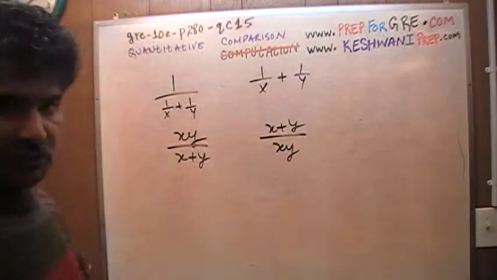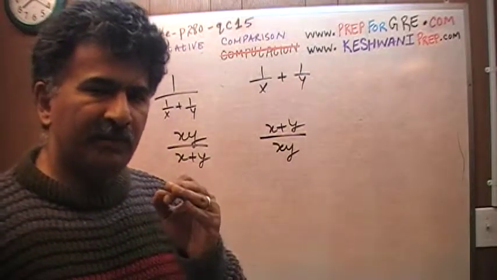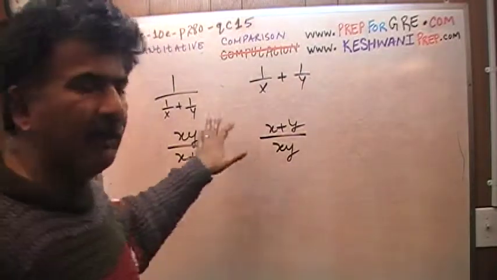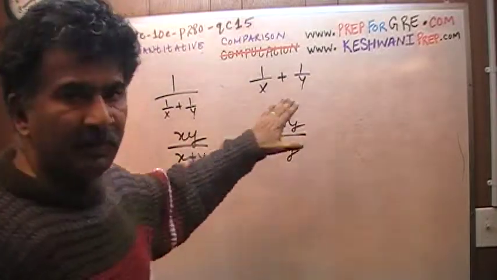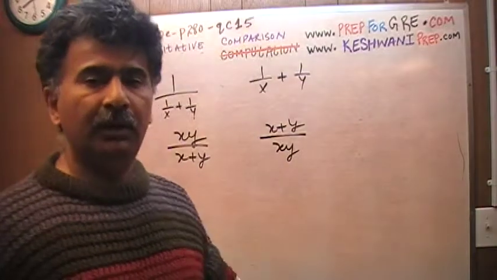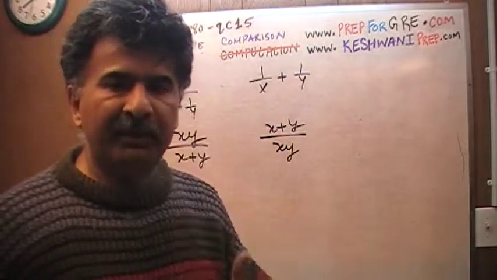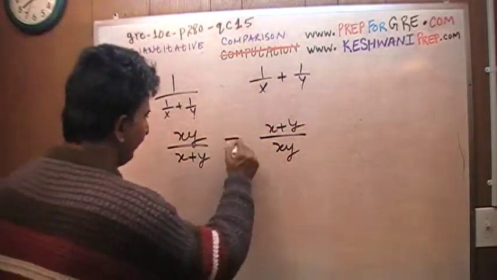If you make them equal to each other, which is the key here, as I told you before, you're asking yourself, is it possible that two quantities might be equal to each other? Because we can clearly see by plugging in that the one quantity is going to be bigger than the other. The question here is this: is it possible for the two columns to be equal to each other? So I'm going to make them equal to each other, and I'm going to ask myself, what does happen if I make them equal to each other? So let's see what happens.